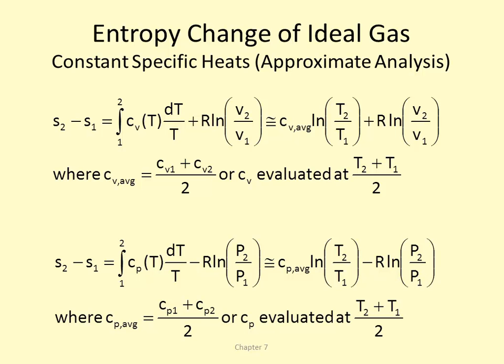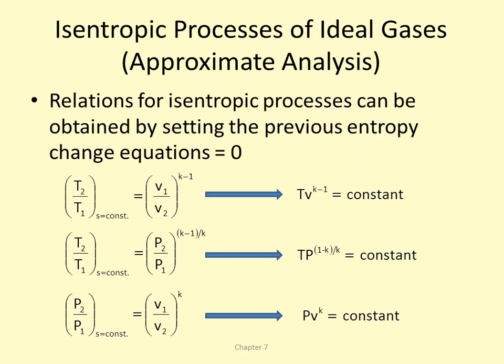So there's two different versions of this same equation. One has a change in specific volume, or the ratio of specific volume change. The other has the ratio of the pressure changes. There's also additional relationships that we can derive that allow us to relate property values for an isentropic process.